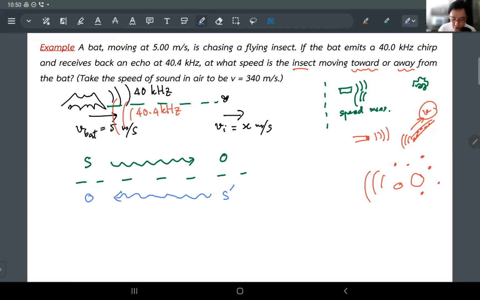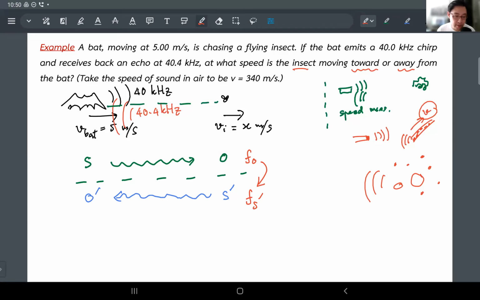So the bat now turns into the observer in the second half of the calculation. You guys with me? The good thing about this is that the observed frequency the insect receives in the first half of the calculation automatically turns into the source frequency in the second half. So you get the point of what we are trying to do now.